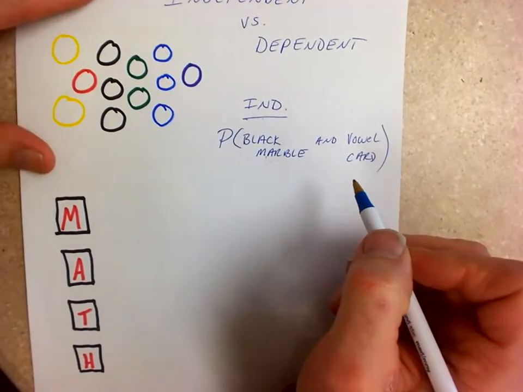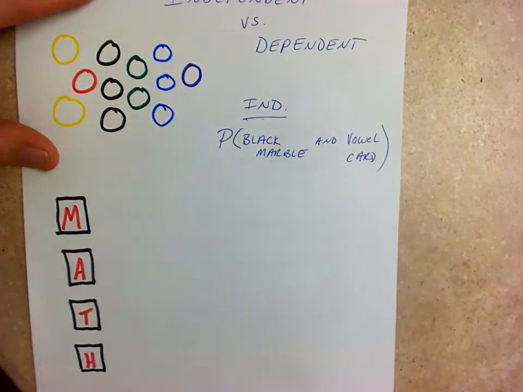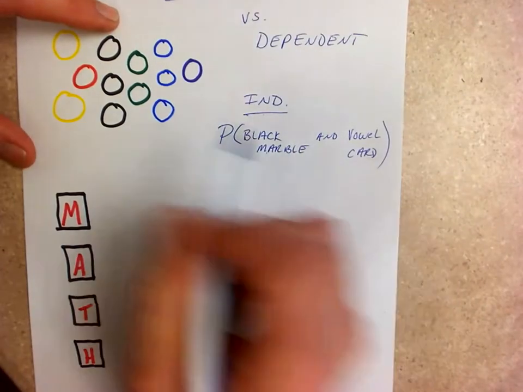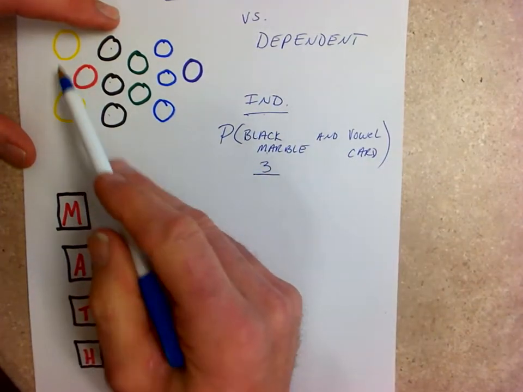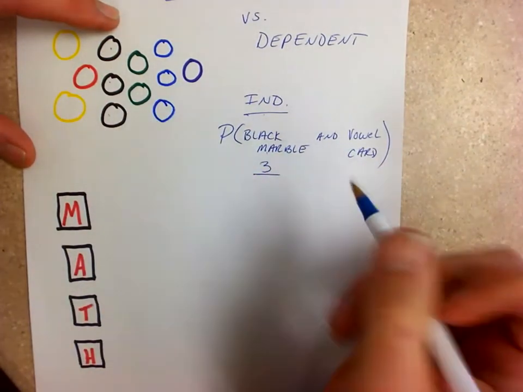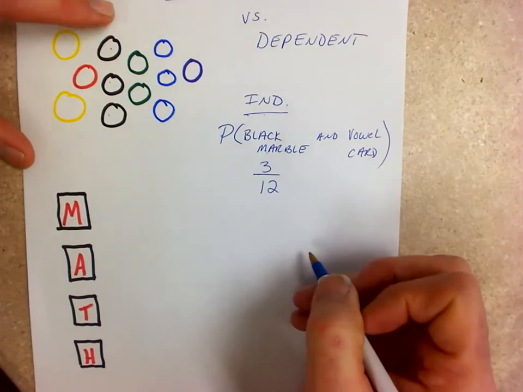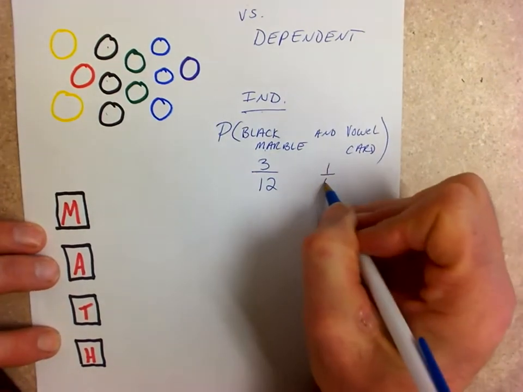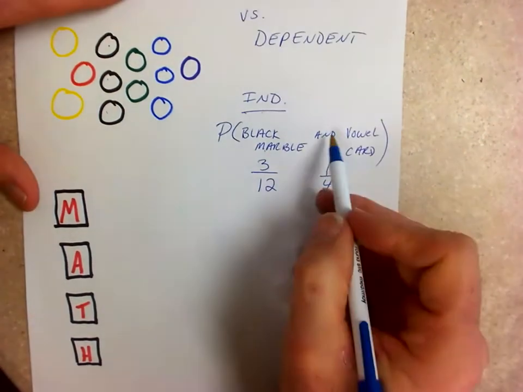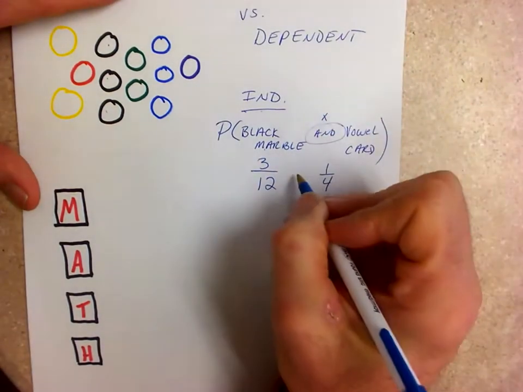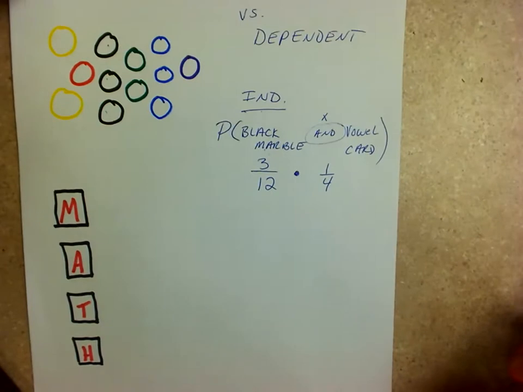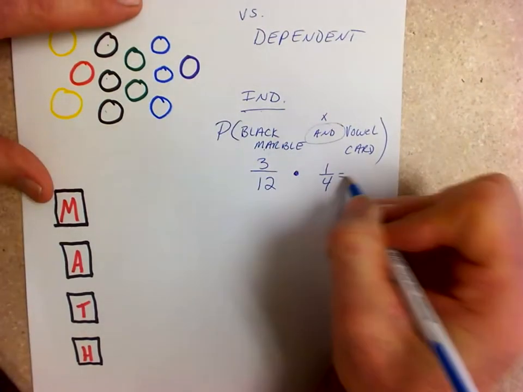So all we need to do then is find both of our probabilities. The chances we pick a black marble would be 3 out of 12. Chances we pick the vowel card would be 1 out of 4. Our little word conjunction "and" is an indicator that we want to multiply these two probabilities together.